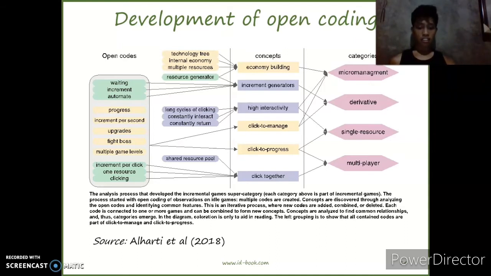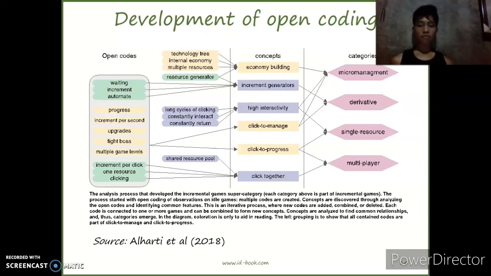This is an iterative process where new codes are added, combined, or deleted. Each code is connected to one or more games and can be combined to form new concepts. Concepts are analyzed to find common relationships, and thus categories emerge.